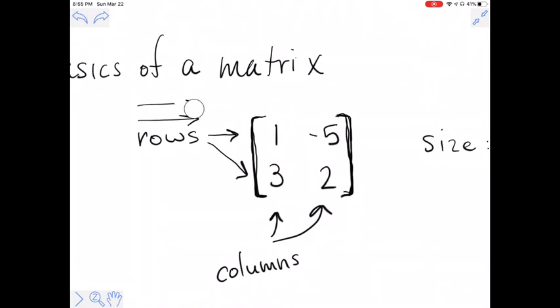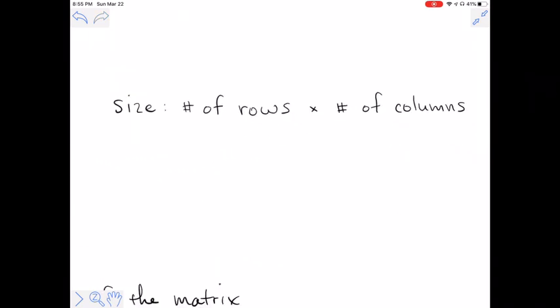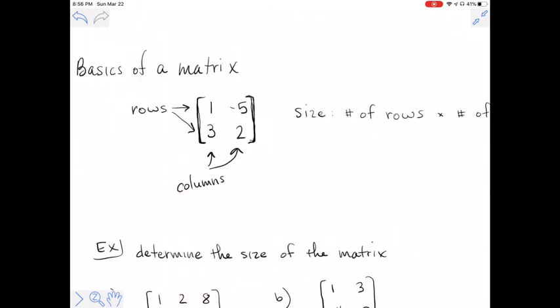So you always describe the size of a matrix as the number of rows by the number of columns. Always rows and then columns. So for this matrix that I've drawn, the size, or some textbooks call it the dimension, some textbooks call it the order of a matrix, is always rows by columns.